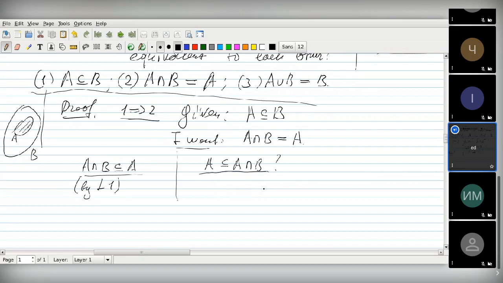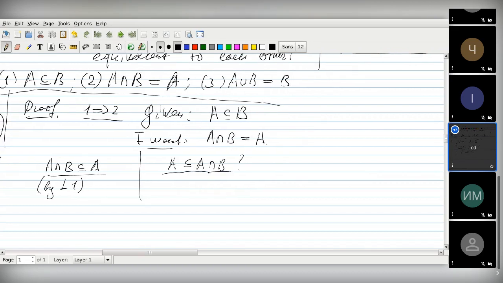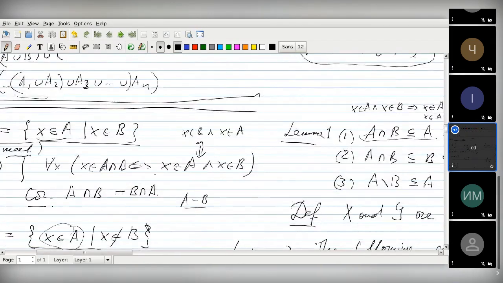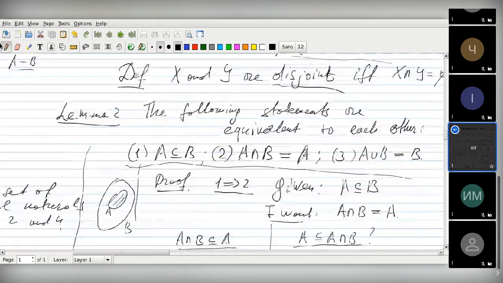Why is it so? Let's use the definition. By definition, in order to prove it, I need that if X is an element of A, then X is an element of the intersection. That is, X is an element of both sets A and B. Let's check it.